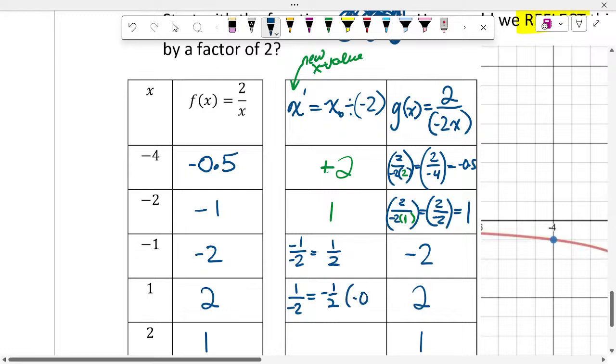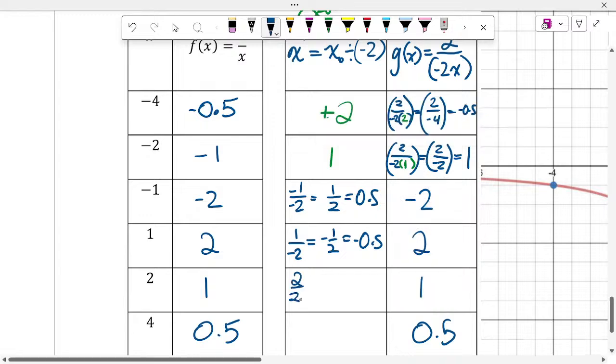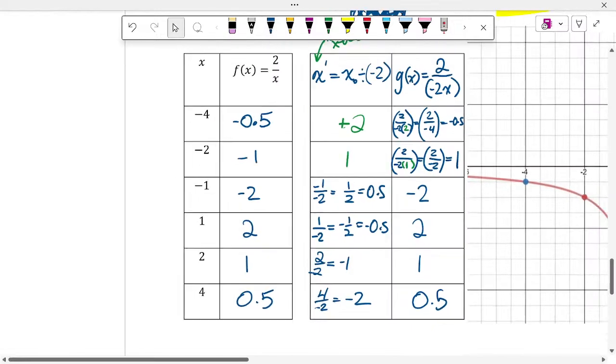Or if you like, negative 0.5, that's fine. This could be 0.5. And what about this one? Yeah, we do 2 over negative 2, which is negative 1. And this one would be 4 over negative 2, which is negative 2.